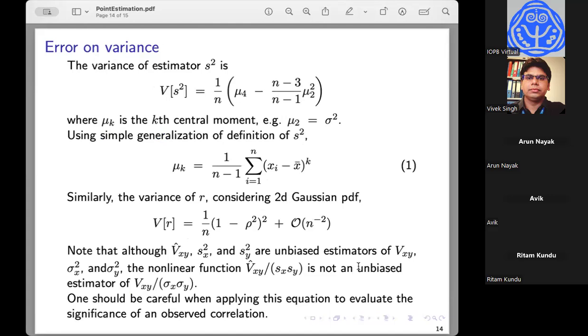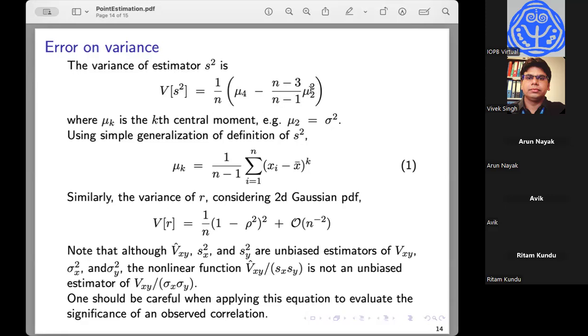Now, similarly, you can also calculate the error on the variance. Again, the variance of the estimator S square, if you do the similar procedure, will end up being V of S square equal to 1 over n times this, where mu k is the kth central moment.